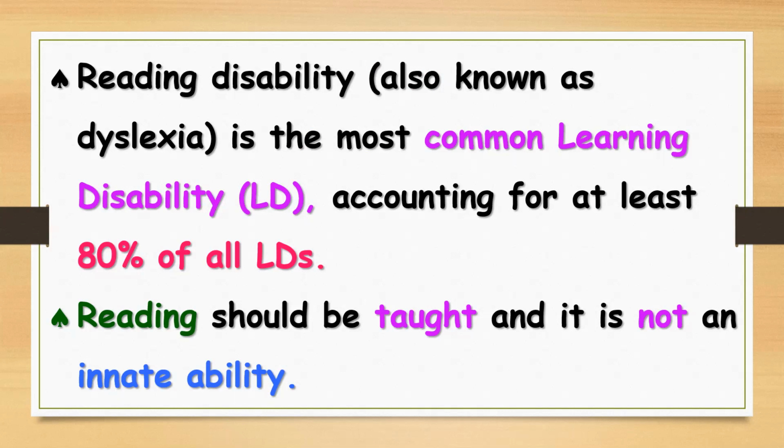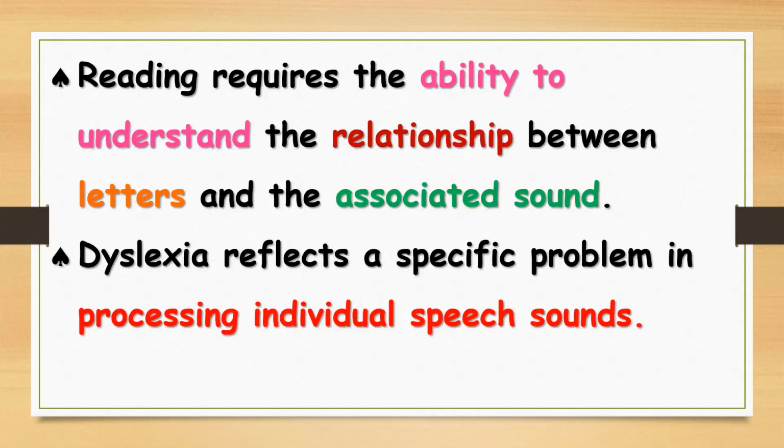We as parents, as teachers, have to make the child understand what these are. Reading requires the ability to understand the relationship between letters and associated sounds. Reading difficulty reflects specific problems in processing individual speech sounds.